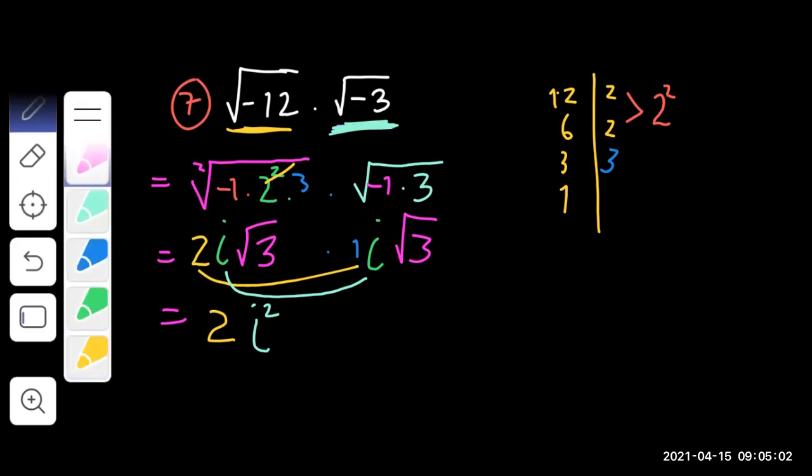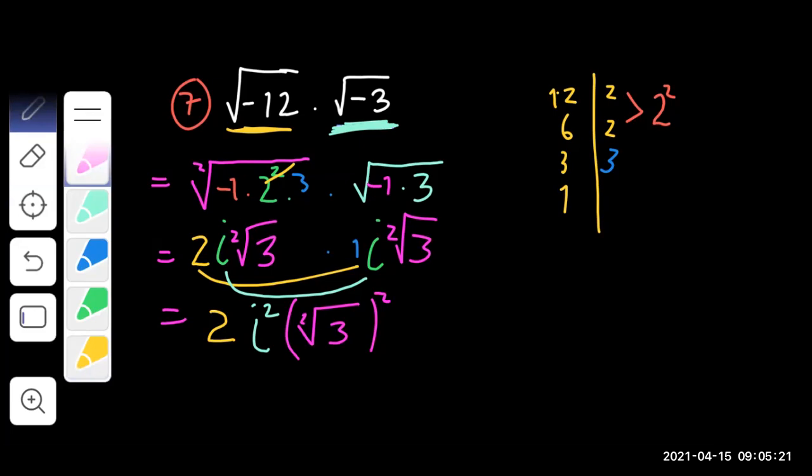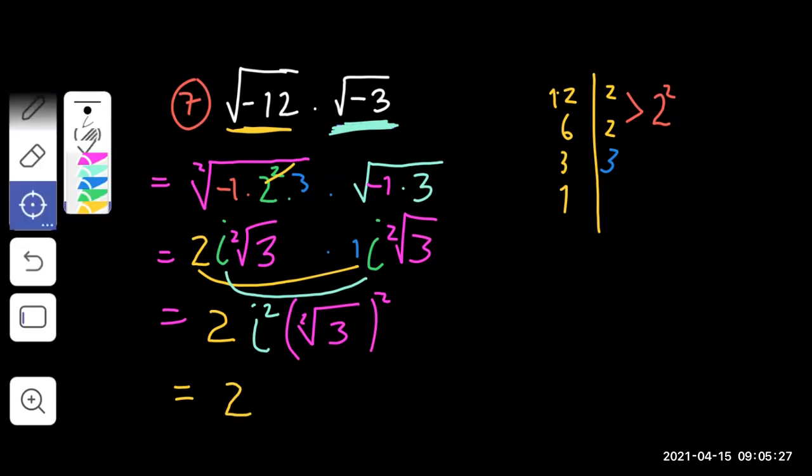What is square root of 3 times square root of 3? Square root of 3 to the second power, because you're repeating it. Okay, I told you this was going to be a little bit tricky. Let's rewrite this: 2, and i squared.